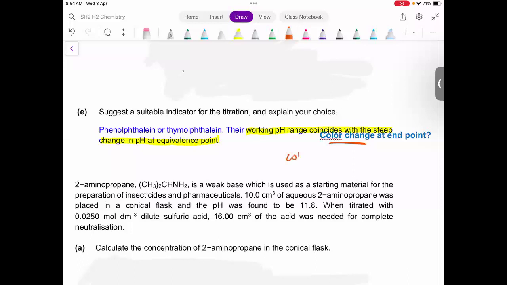Yeah, colorless to pink. Pale pink, because it's only one drop. If you use thymolphthalein, it will be colorless to pale blue. So remember, you have to describe a change.